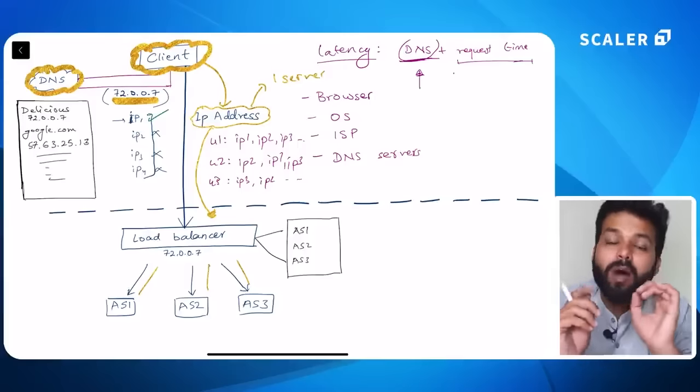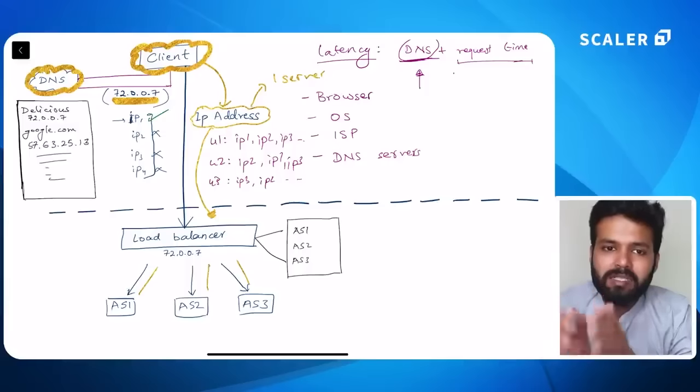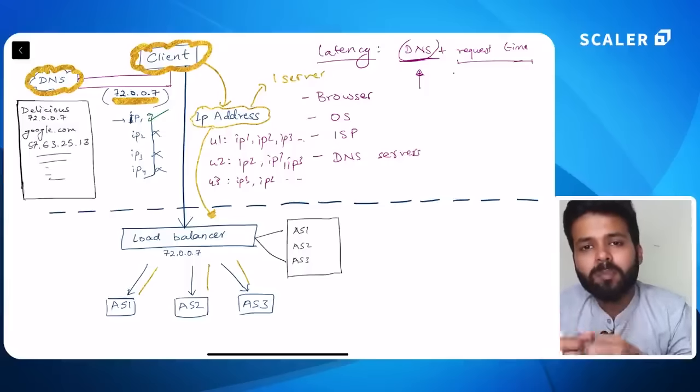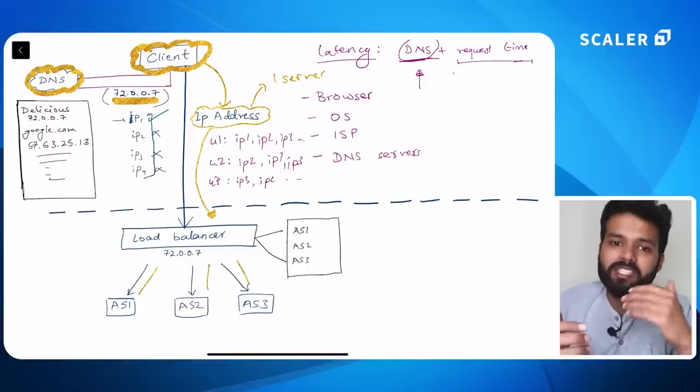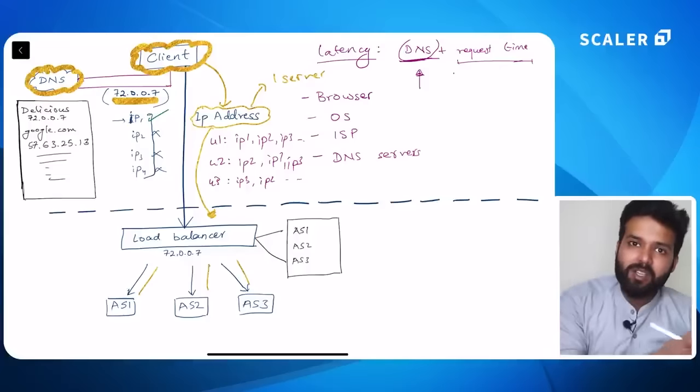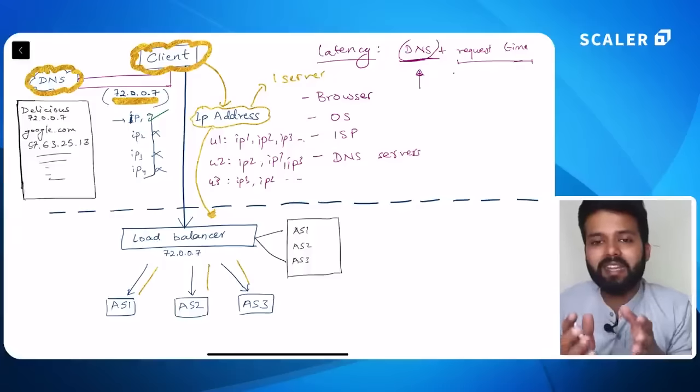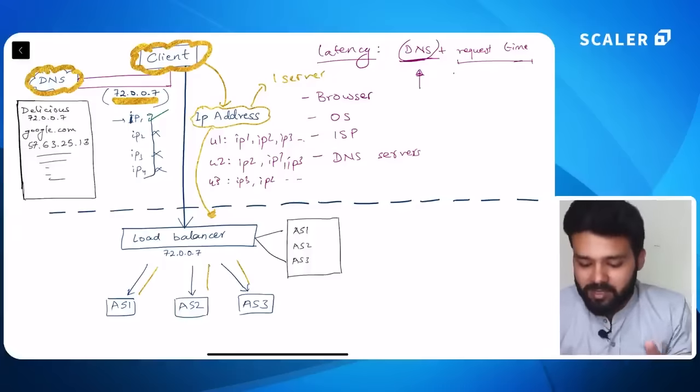Another important advantage of this approach is that it allows application servers to keep evolving without the need to make DNS changes. Now, we have learned that DNS changes might take hours or even days in some cases.